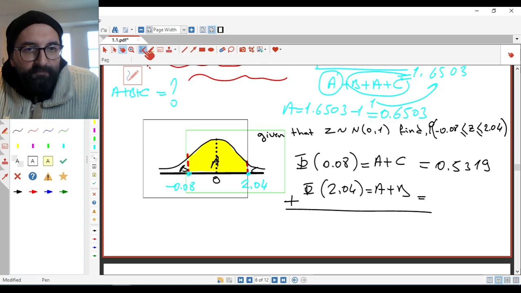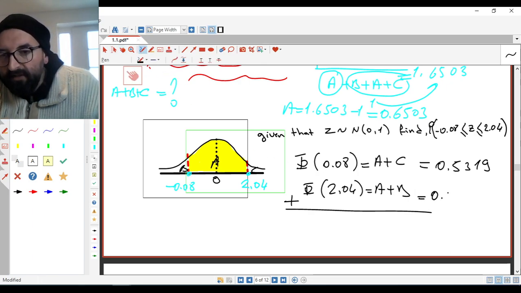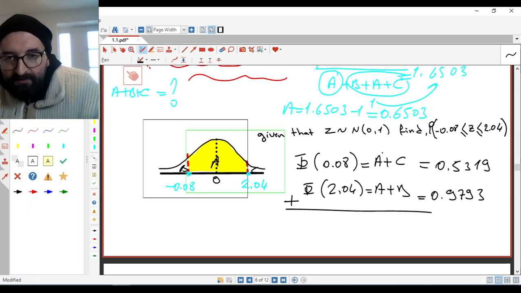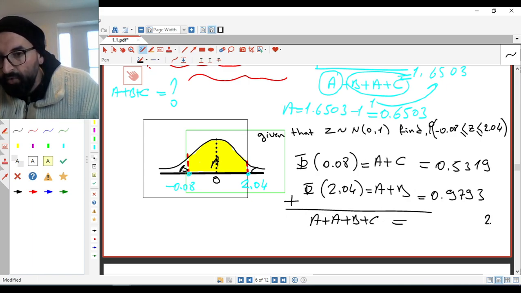And if I add this section, I have A, B, C, and then this.